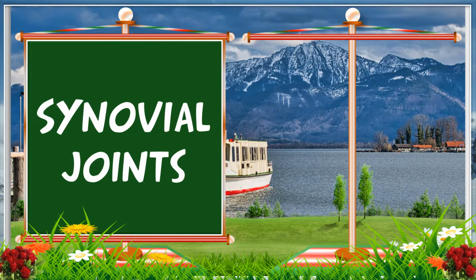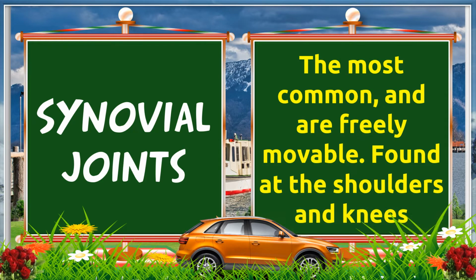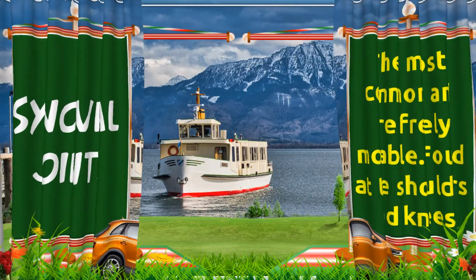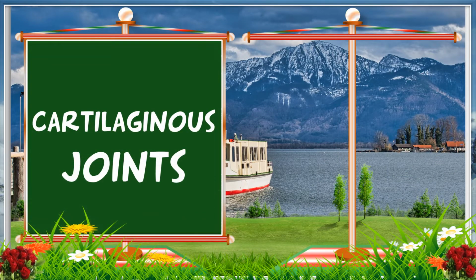Synovial joints. The most common and are freely movable, found at the shoulders and knees. Cartilaginous joints.